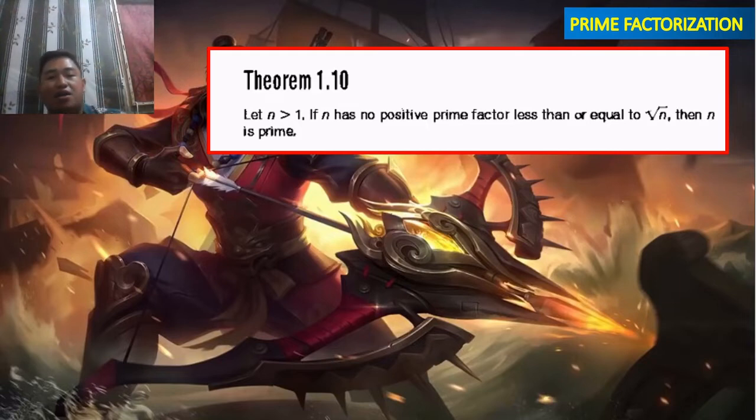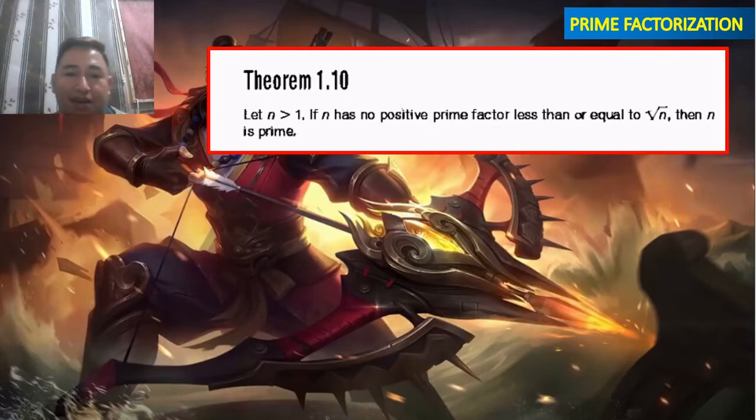Unsa man ang mga positive prime factor class nga less than or equal to 3? Naa. Kinsa man? Si 3 kay positive prime factor man na siya sa n. Therefore, class, si 9 is not prime.